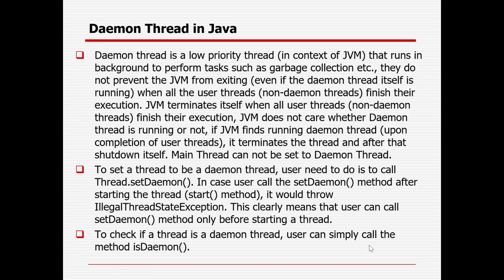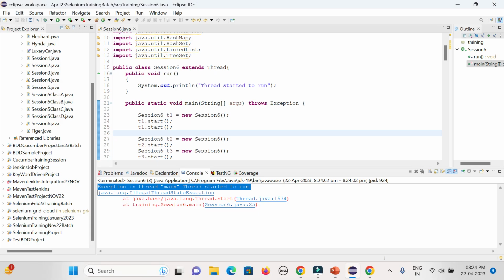Then the last topic should be daemon thread. So I was telling, sometimes, suppose you have taken a society or a particular complex area on rent where you want to host your birthday or marriage ceremony.